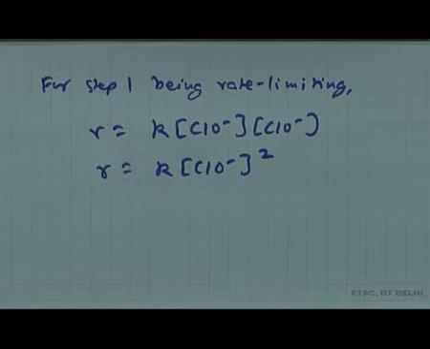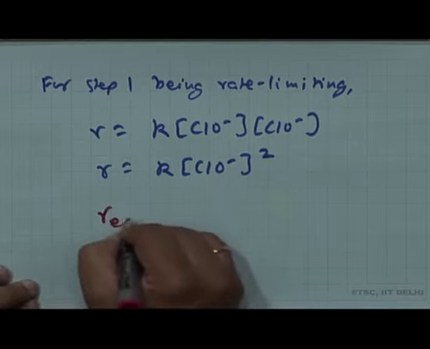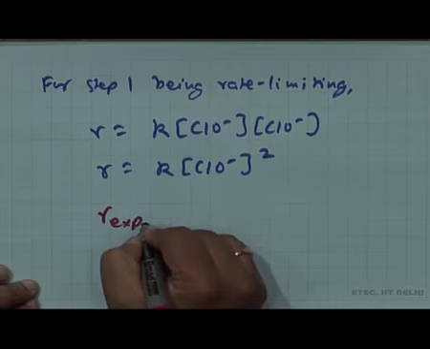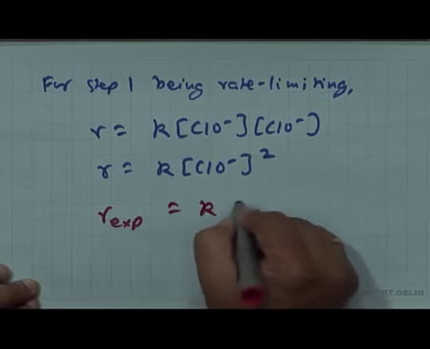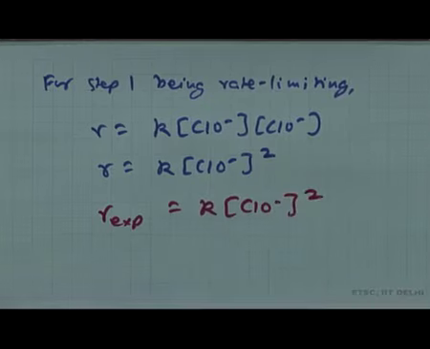Now, indeed the experimentally observed one, so R experimental is equal to K ClO minus squared. So, what does this tell you?